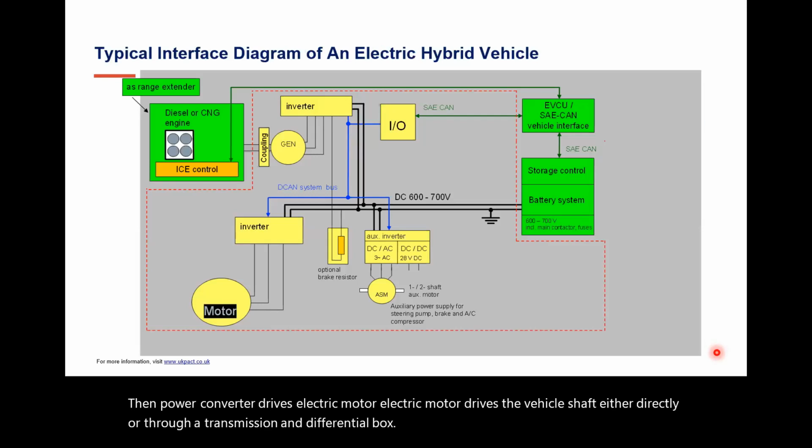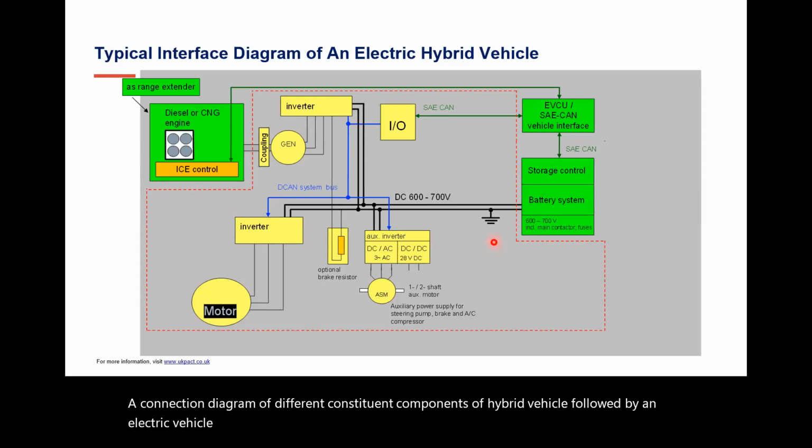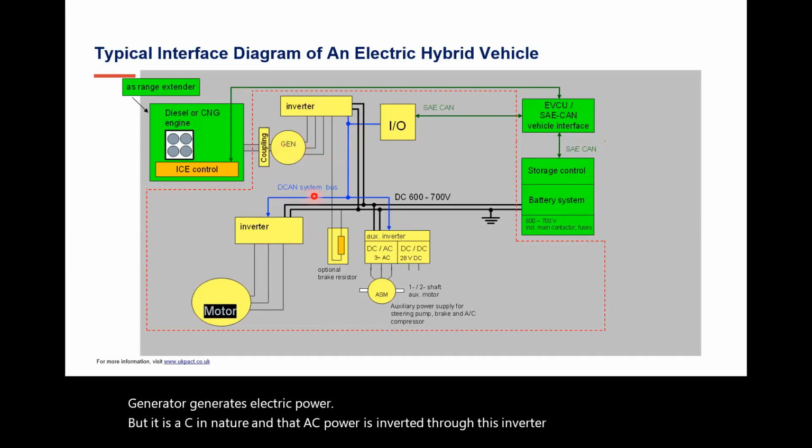Now, this is a typical interface diagram, connection diagram of different constituent components of a hybrid vehicle, followed by an electric vehicle as well. Over here, the IC engine is coupled to the generator through this coupling. The generator generates electric power, but it is AC in nature, and that AC power is converted through this inverter, which is put on the battery.